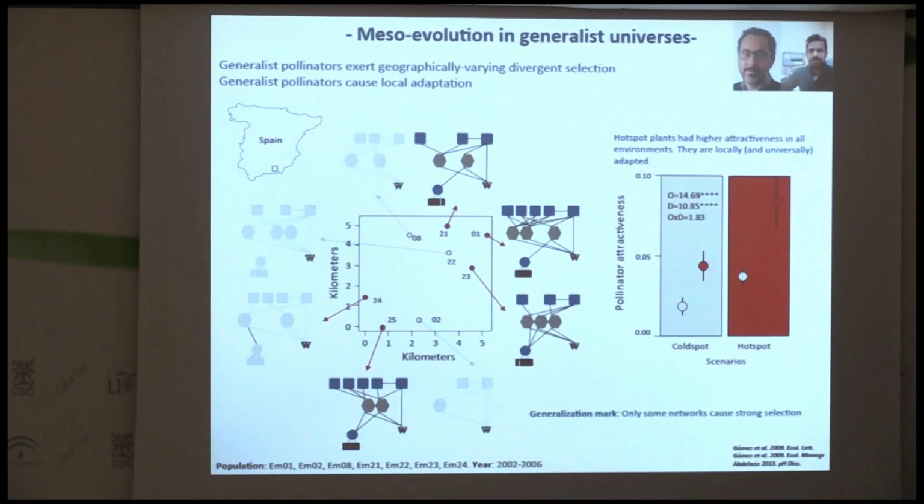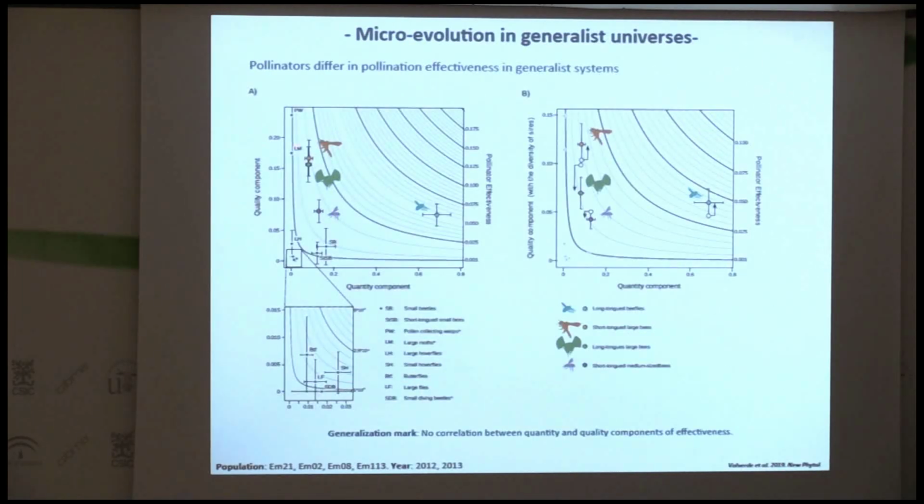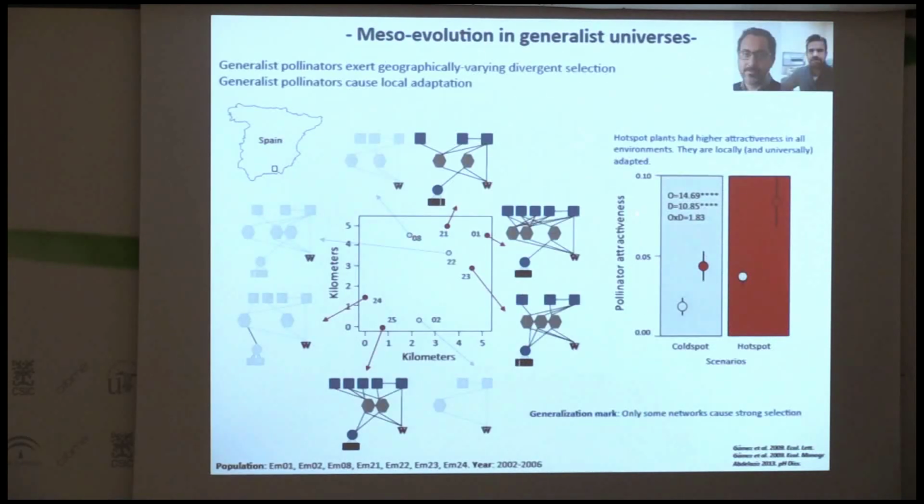With fitness here, these are the different pollinators, these four pollinator groups. And these, the blue squares, are the phenotypic traits. And you can see from just a fast view here that there are some places, some populations, in which nothing is going on.